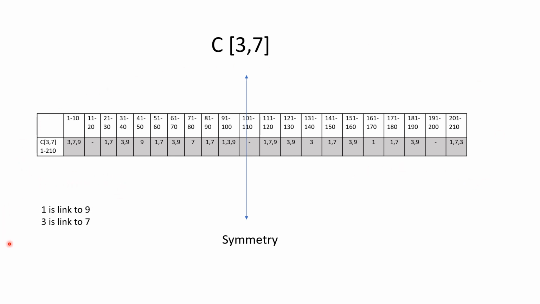Remember, always the 1 is linked to the 9 and the 3 to the 7, and they will always have a symmetry in the middle 10, and that middle 10 will always be a cyclic prime 10, an empty box. All empty boxes are going to be symmetrically distributed across the main cycle. The main cycle is going to keep growing.